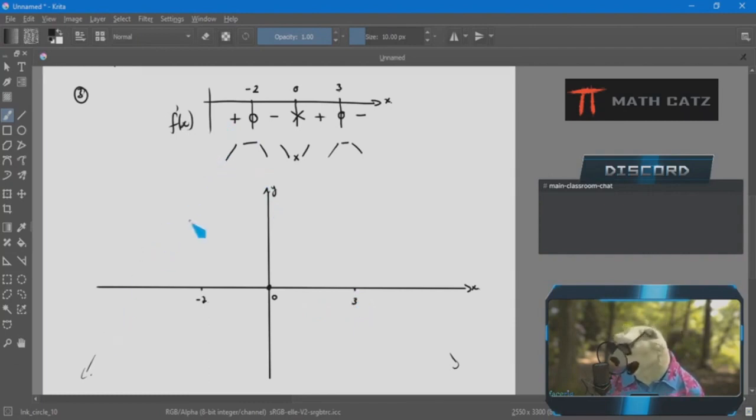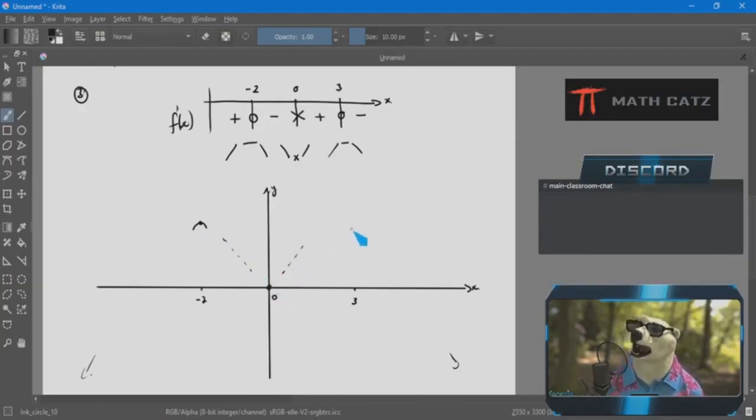I'm going up, increasing to a top turning point, then down to 0. So the top turning point has to be somewhere above the x-axis. I'll put it over there. Then I'm coming down towards 0 and then back up away from it.